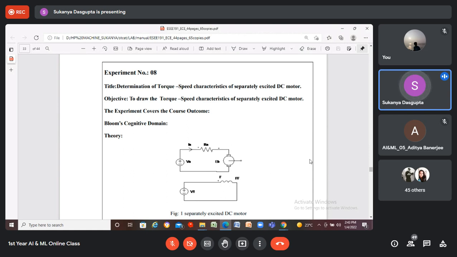That means whenever a current carrying conductor is placed inside a magnetic field, it will experience a force. This force will be dependent upon three major factors. One is the flux density, one is the current, and the third one is the length of the conductor which is placed inside the magnetic field.